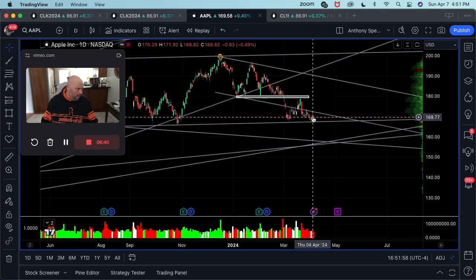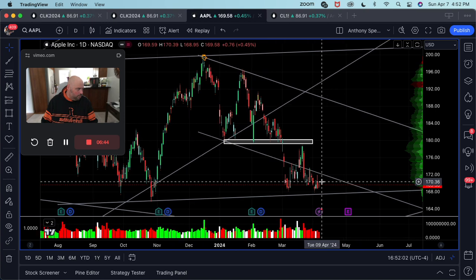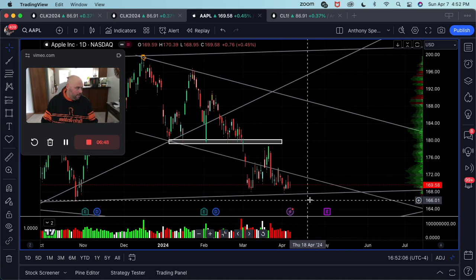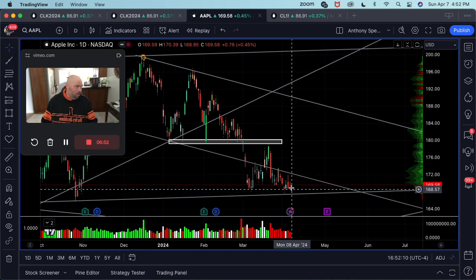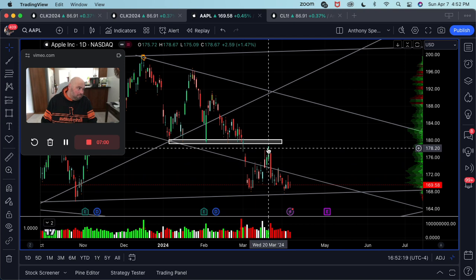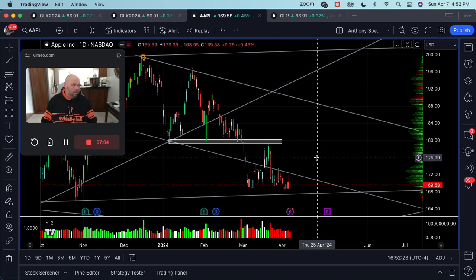So scenario A is we continue to more deeply venture into this wedge, meaning this supplying resistance and this supplying support for however long that may go on. Okay, this could go on for another week, just sideways, back and forth. We could pop up, placing in series another lower high, somewhere around 175, 176-ish.